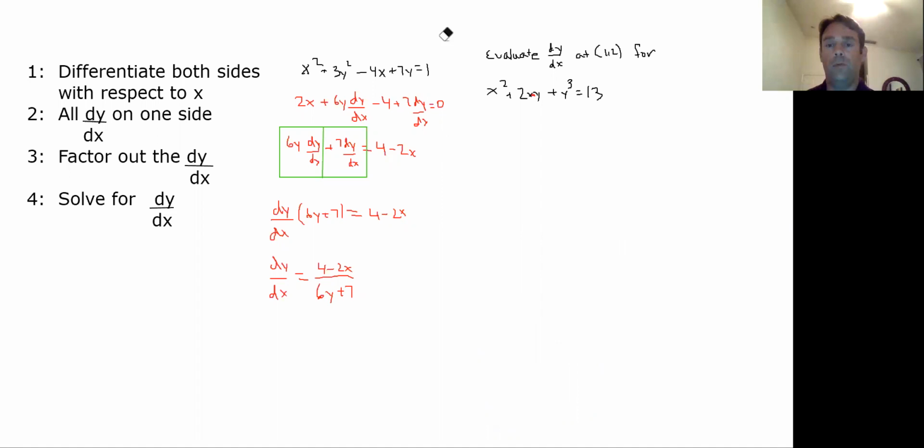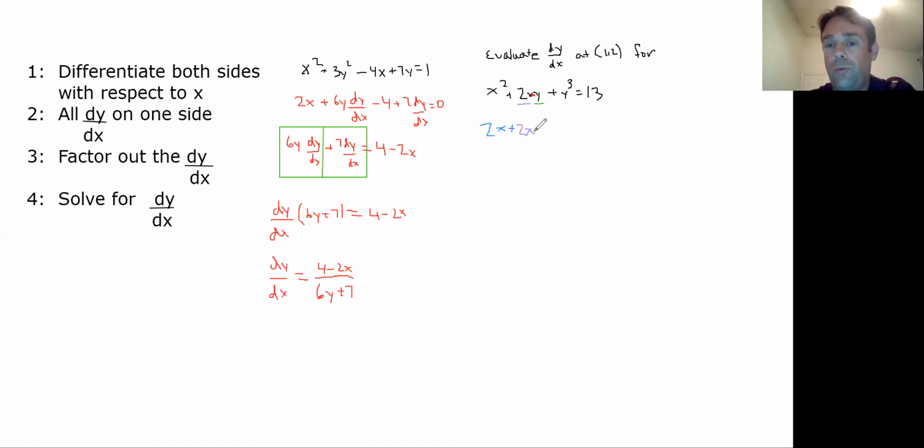All right. Hopefully you've unpaused it. You've solved it. Let's see if we can do it together. So x squared, well, that's 2x. Now notice, on this one, I have a first term, that's 2x. I have a second term, that's y. So I'm going to do the product rule for this. So 2x plus first term, 2x, times the derivative of the second term.